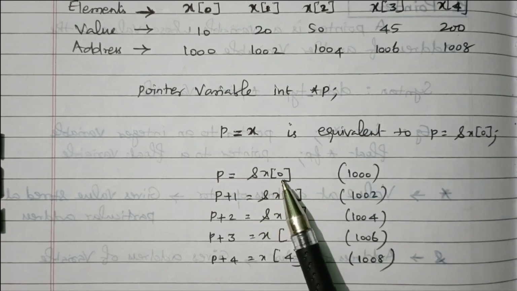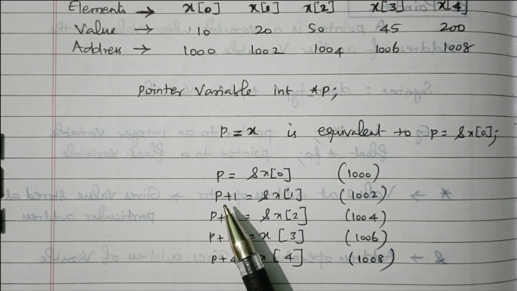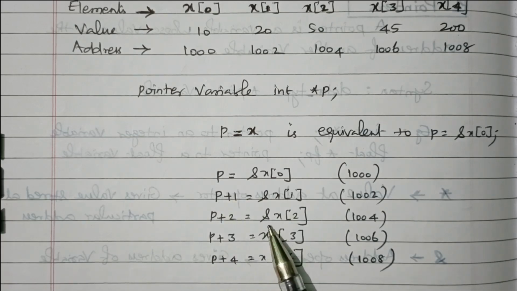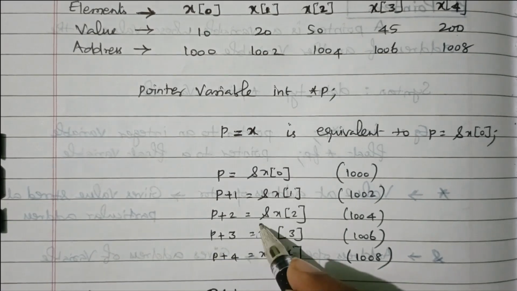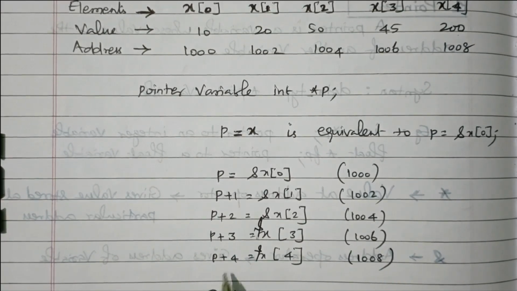Address of x[0] is stored in p, address of x[1] is stored in p plus 1. So an array is a collection of elements; similarly, the pointer will also be incremented. Address of x[2] will be stored in p plus 2. Address of x[3] is stored in p plus 3. Similarly, this address is also available: address of x[4] is stored in p plus 4.